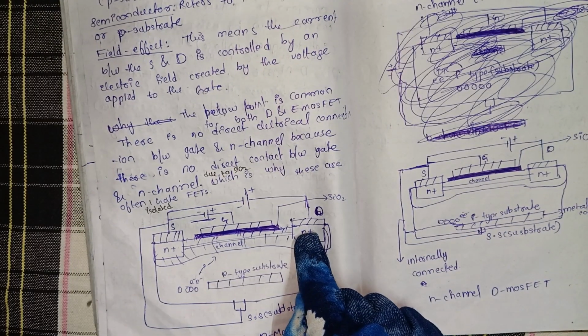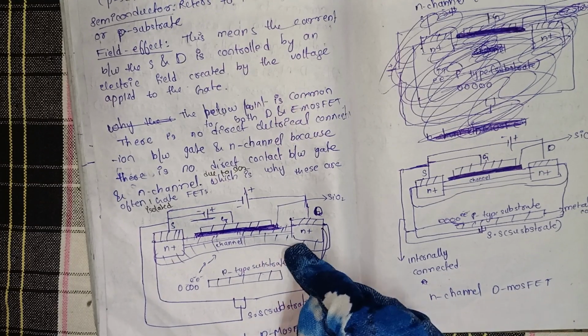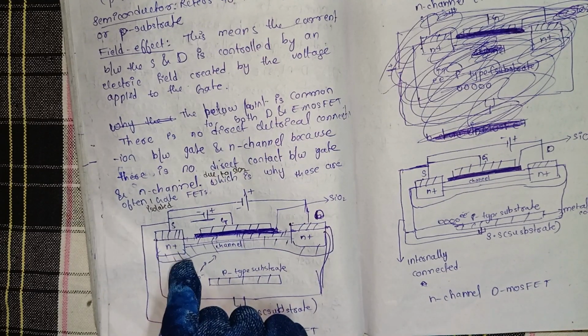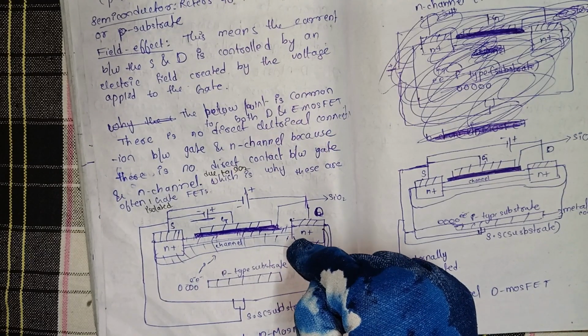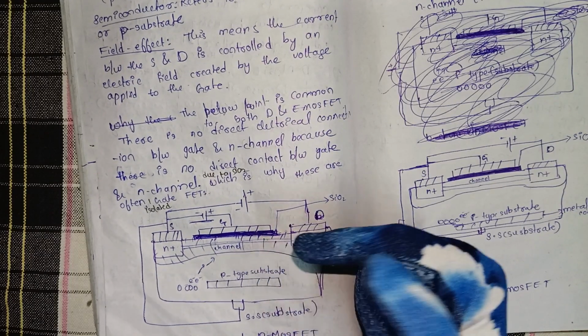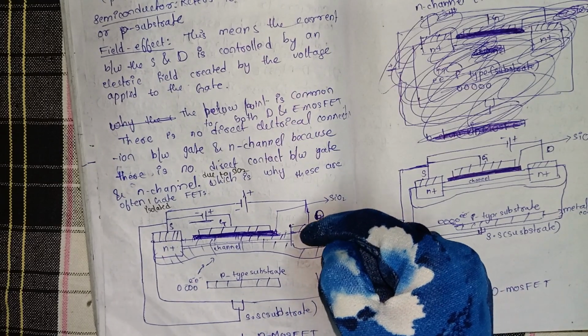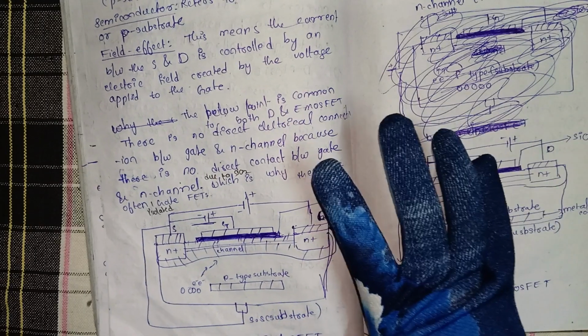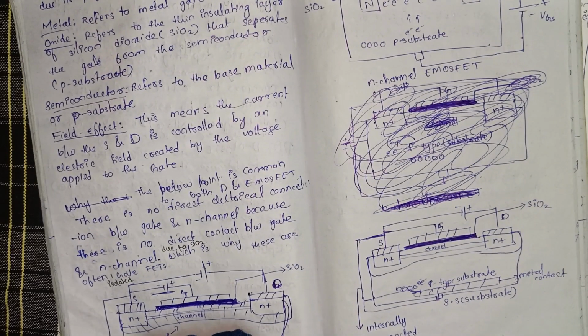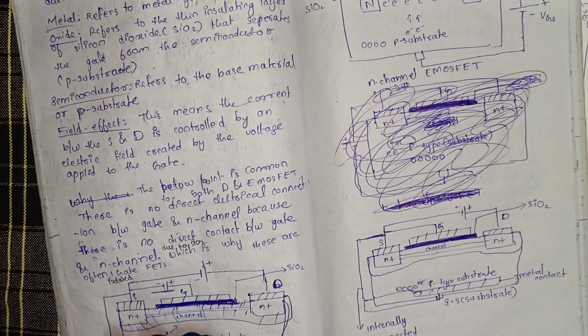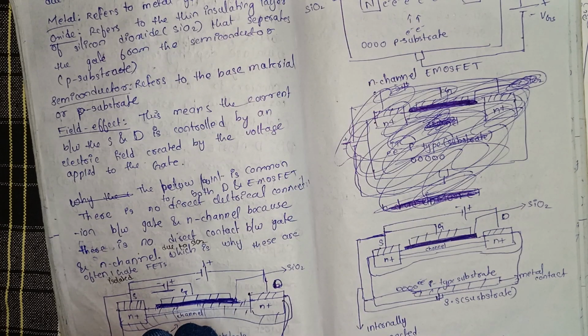Electrons of the n plus region are diffusing into the p type material, and here also the same. In the p type substrate, holes are diffusing into the n plus region due to the diffusion process, okay, because it is a tendency when a p and n junction meets for the electrons of the n plus region to flow into the p substrate, and holes of the p type substrate into the n plus region.